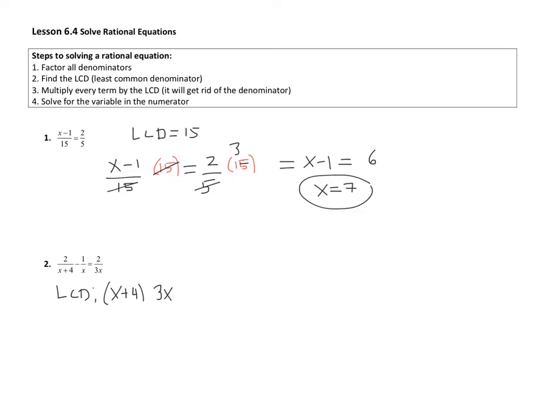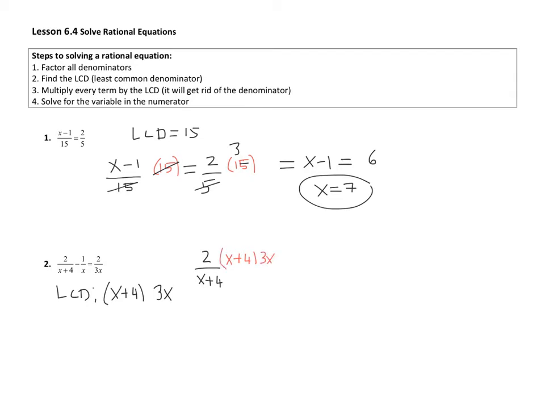So this is going to be 2 over x plus 4, and I'm going to multiply it by x plus 4 and 3x.